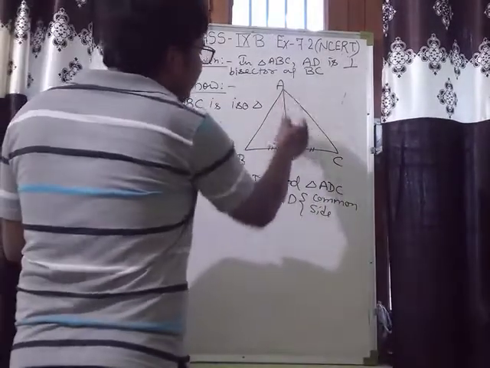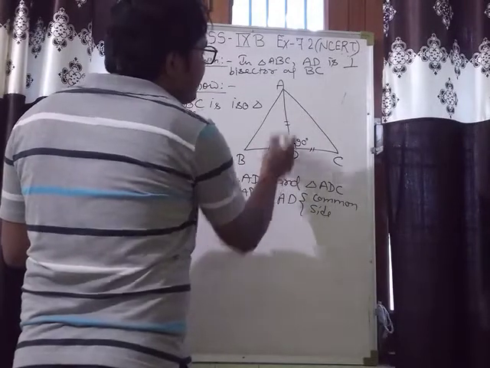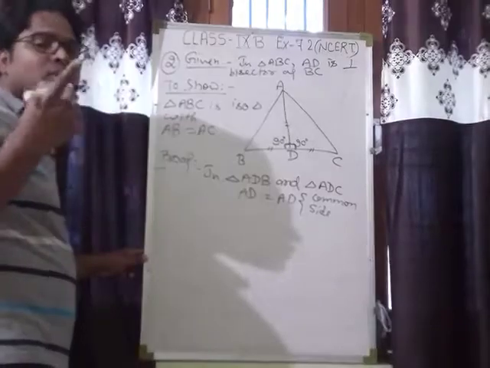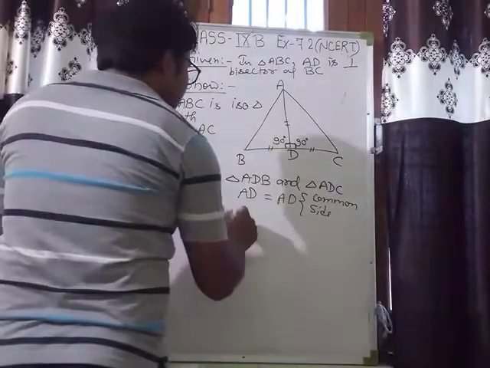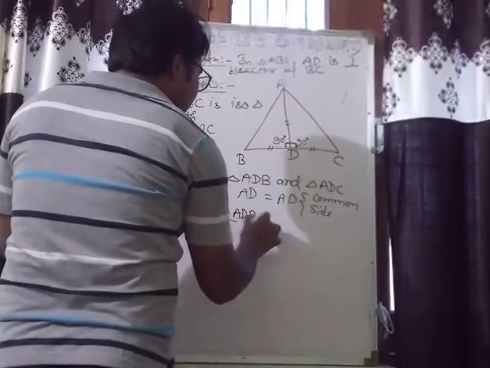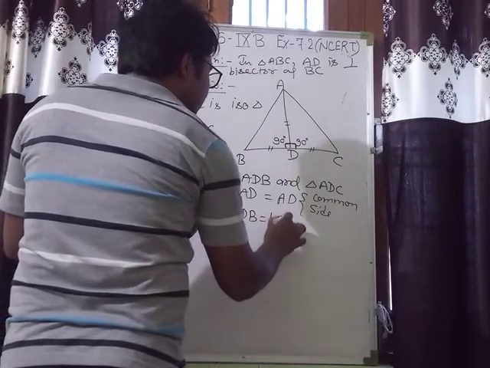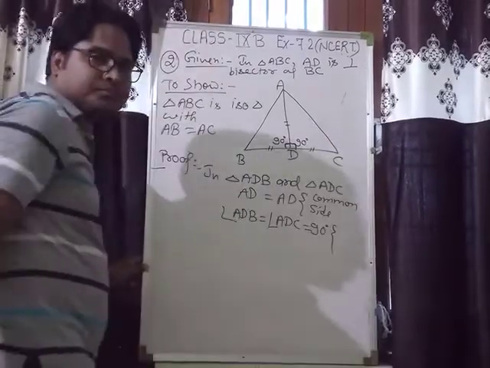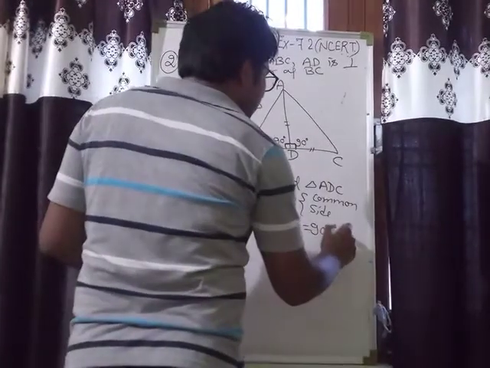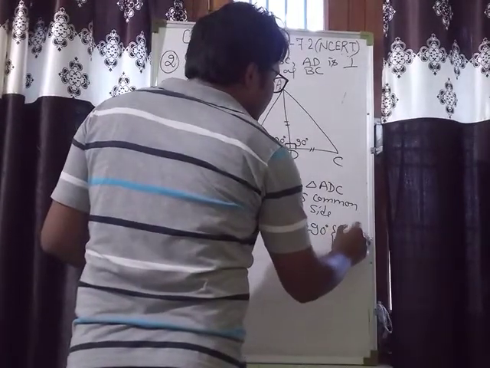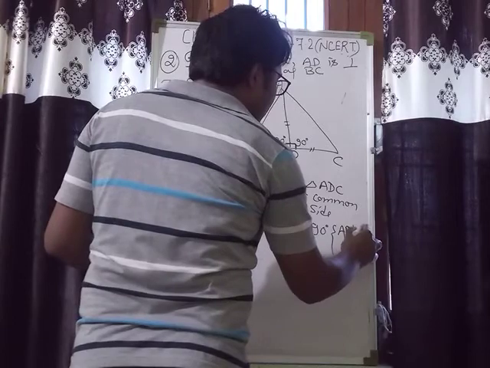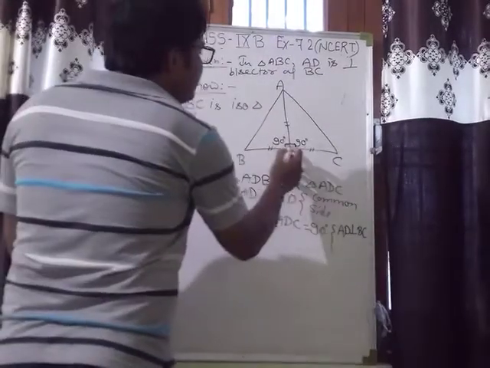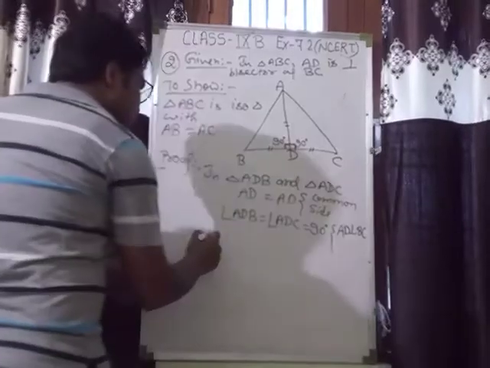And you can see this angle ADB and this angle ADC, both are equal. Both are equal to 90 degrees. Angle ADB is equal to angle ADC, both equal to 90 degrees, because AD is perpendicular on BC. Okay. Also BD is equal to CD.